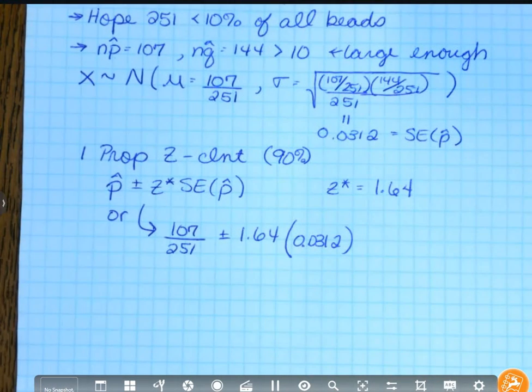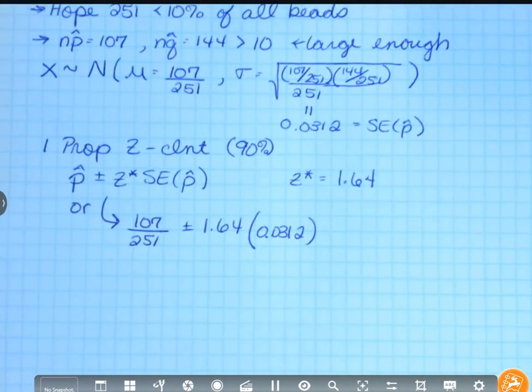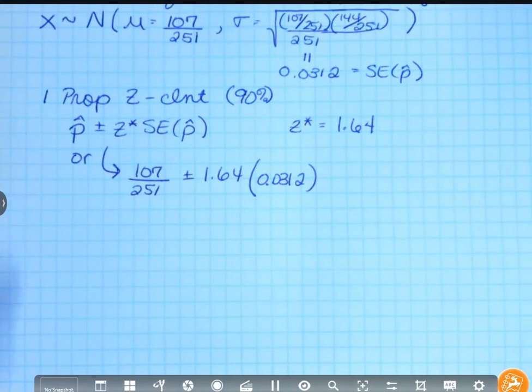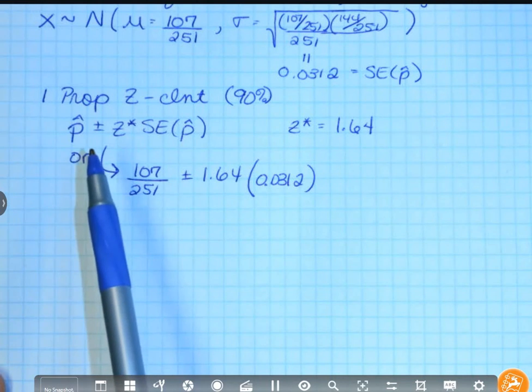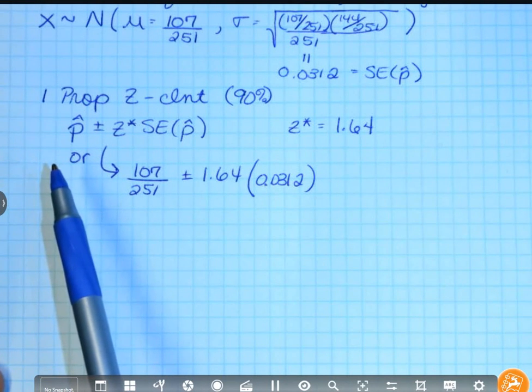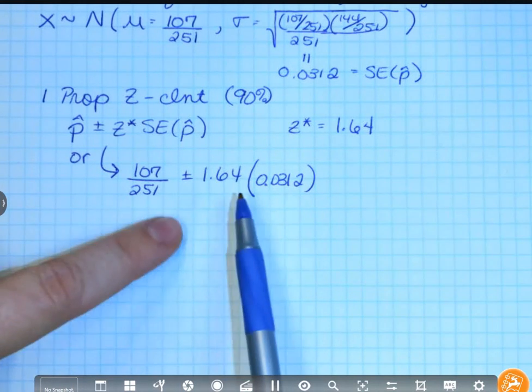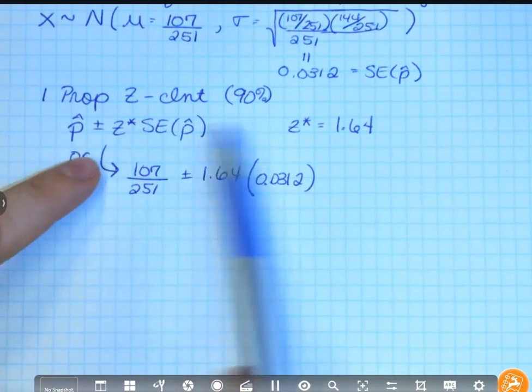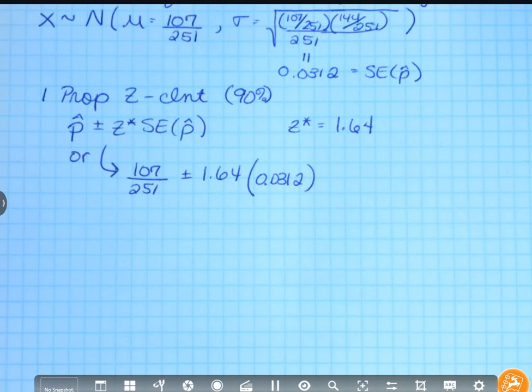You can do that either way. I don't care. But it is part of the grading requirements that I must be able to see what formula you used and what each of those pieces were. This, with all the pieces, satisfies that. I don't care which one you do. Okay?